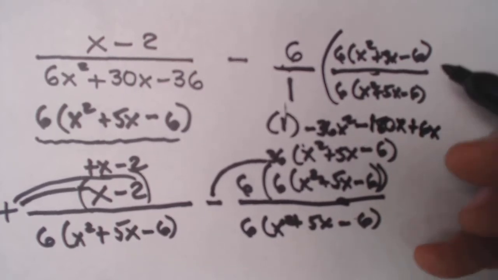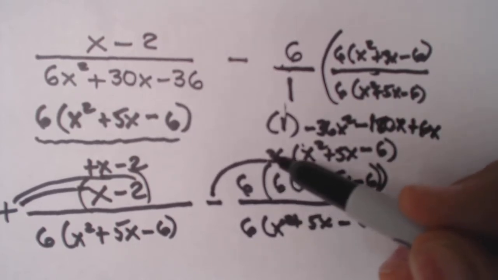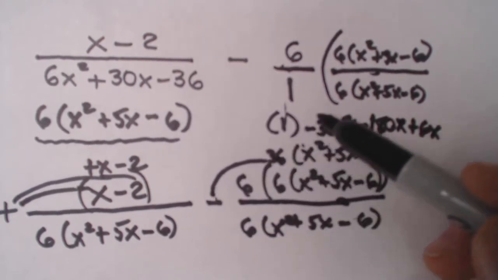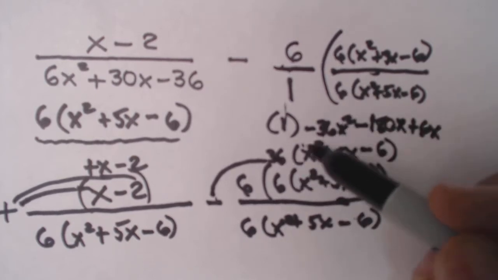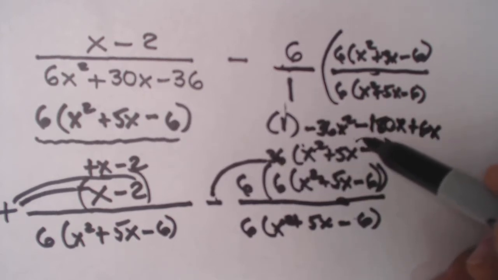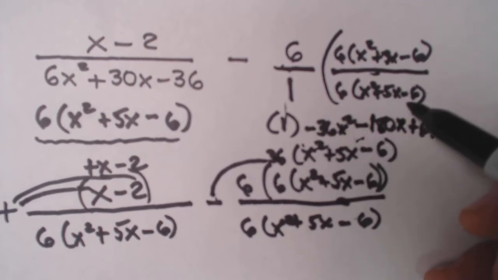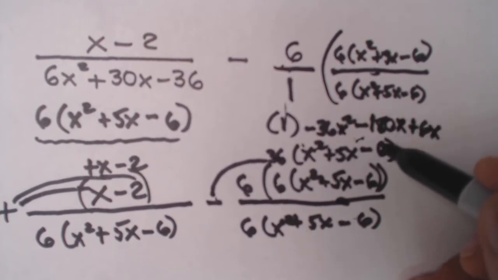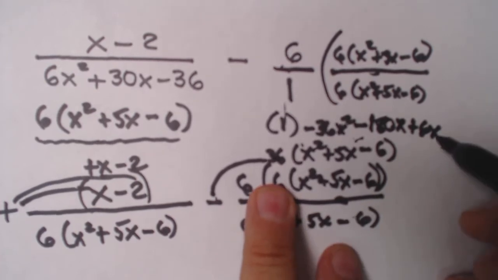Okay, let's double check this to make sure we got it right. I took the 6 times 6 to give me 36. Negative gets applied to that, so this is really a negative 36. Distribute it in here. Negative 36 times x squared. Negative 36 times plus 5x will give me negative, and 36 times 5, 180x. Okay, and then 36 times negative 6. Well, let's see. 36 times negative 6. I didn't have this correct on the end.